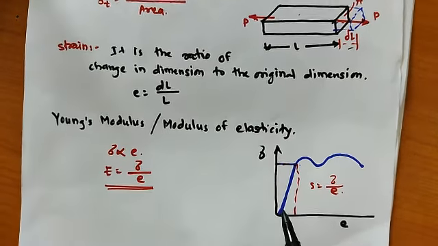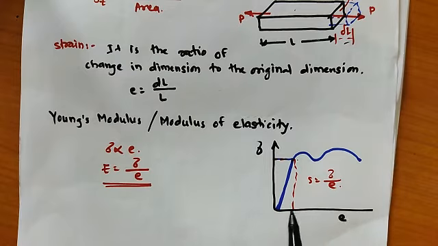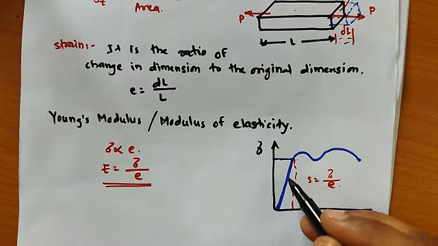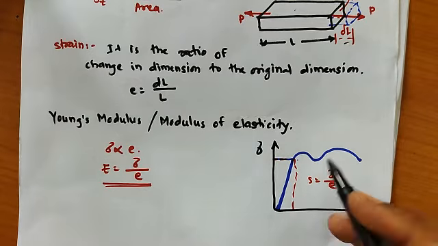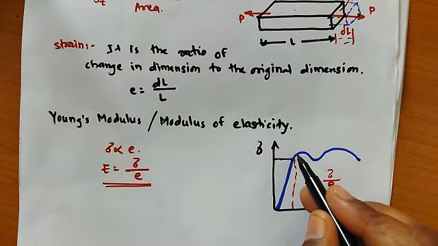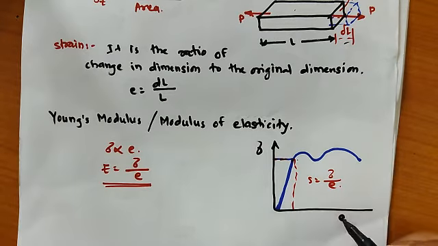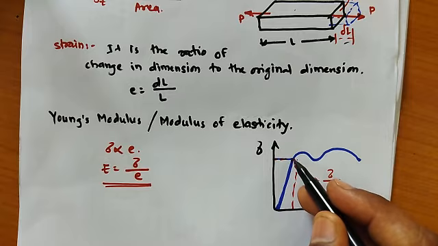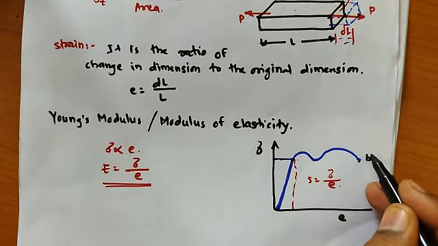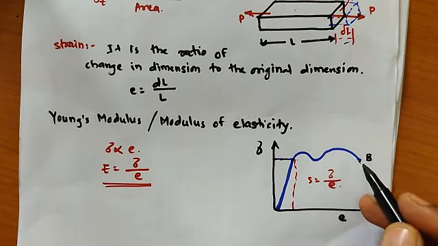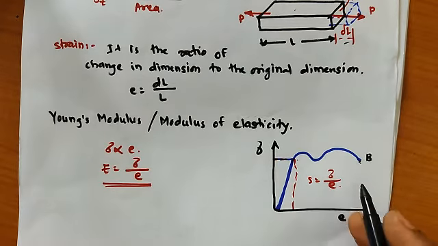If you take a graph of stress versus strain, this curve will be shown. Up to some level the graph is a straight line, and after that there will be a curve, and then a break point, where the bar will break.